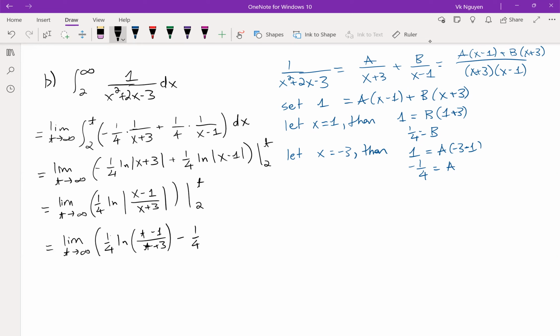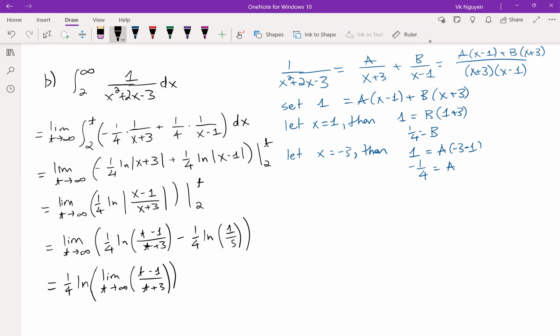Minus 1/4 ln of 2 minus 1, which is 1, over 2 plus 3, which is 5. Now we can put the limit inside the ln: 1/4 ln of the limit as t goes to infinity of t minus 1 over t plus 3.